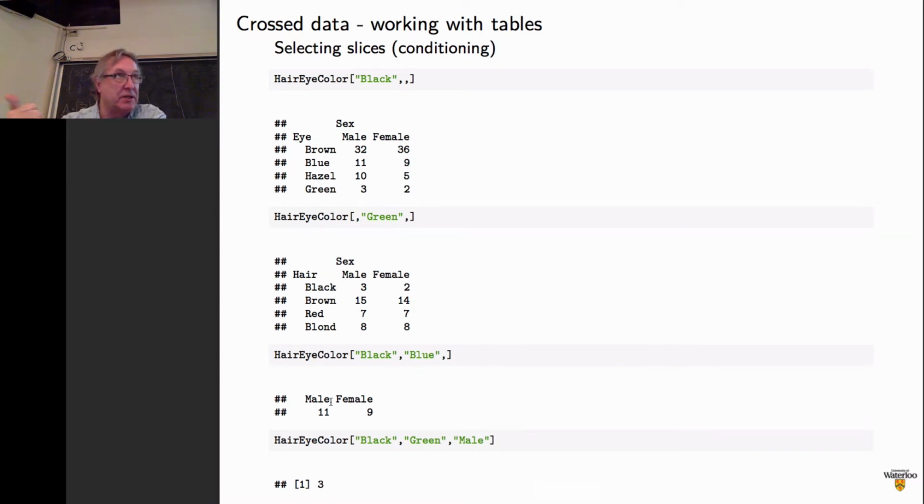And all that's left is the last variable, what sex they are, and of these there are only 20 such people in this table, and 11 of which are male. Okay? And of course I can pick off any particular element, which is the intersection of all three of those conditioning values. So there are 3 people that are male, have green eyes, and black hair in this data set. Okay? Any questions on that?